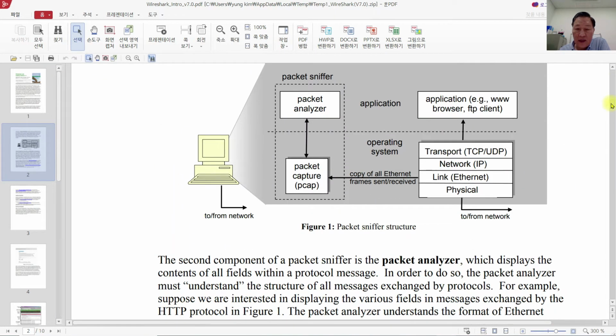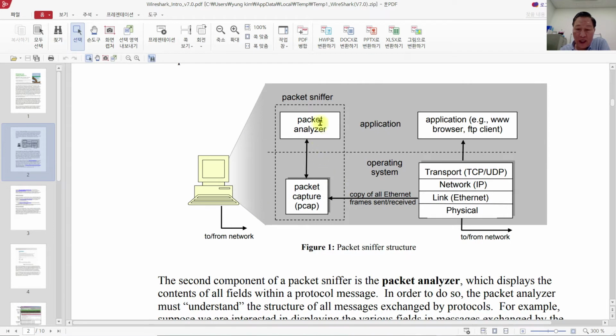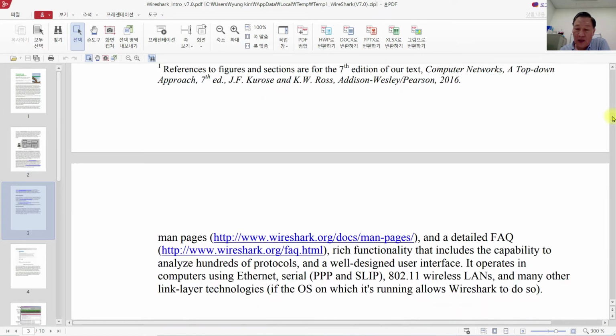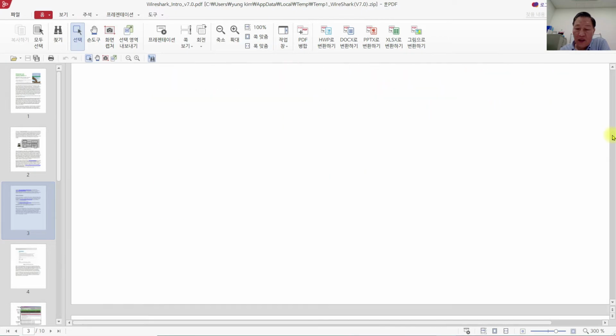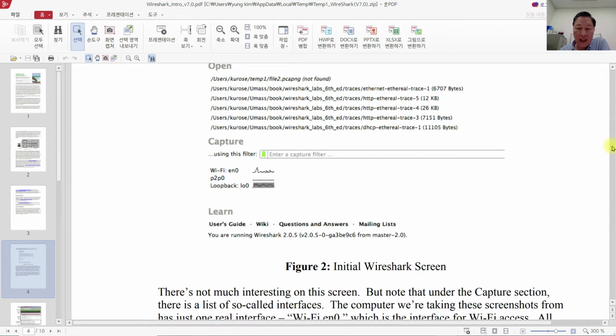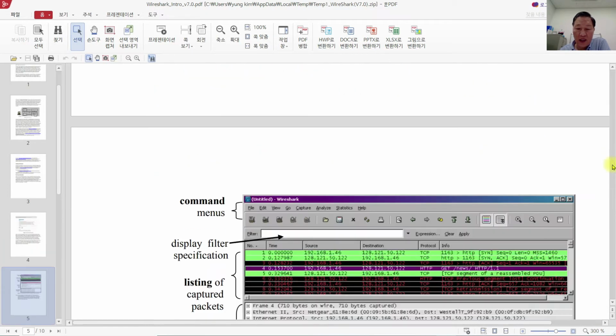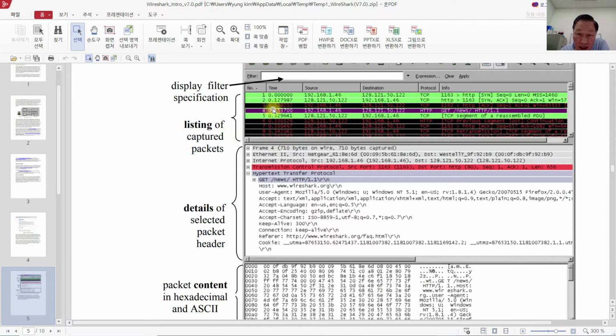We are using this packet sniffer. Wireshark is that, and it is composed of the packet analyzer and the packet capture. After understanding these contents, there is the listing of captured packets, and each individual line is an individual packet. If I click this one, then that is the expanded contents of each packet.